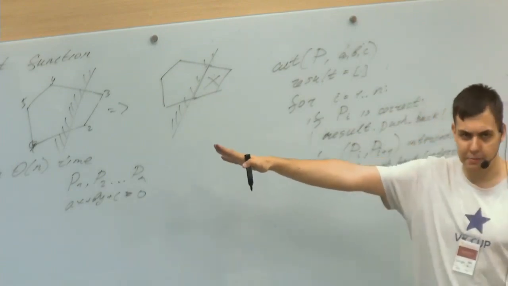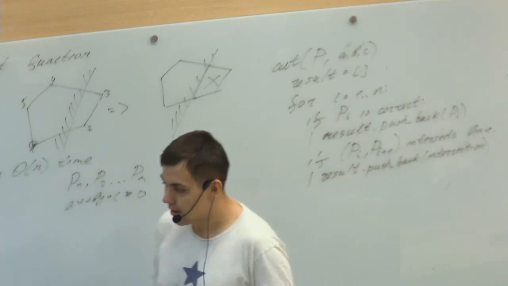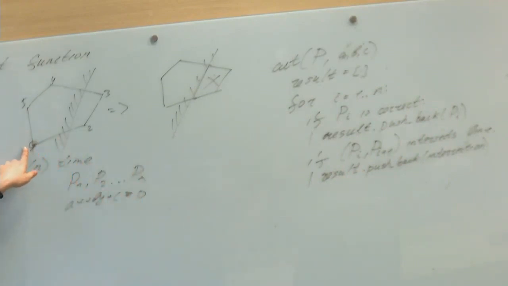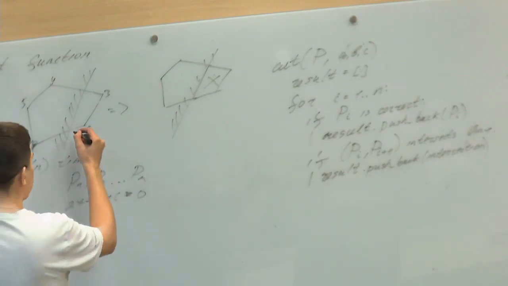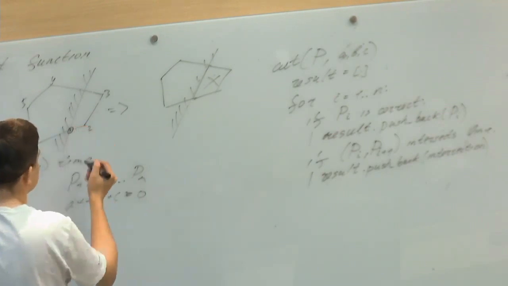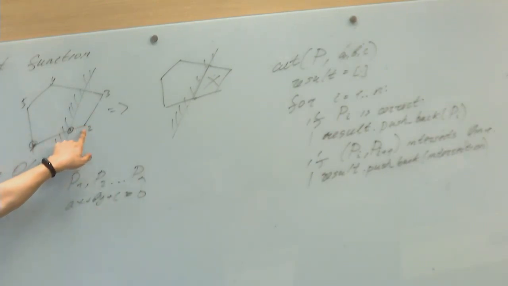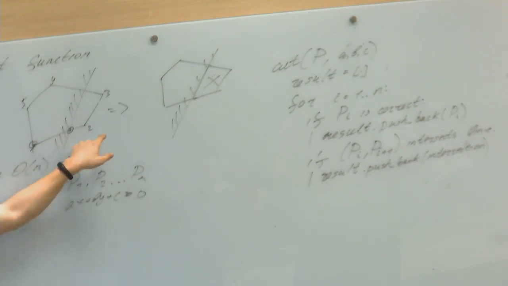So let's look at what happens for this polygon. First of all, we look at point 1. It's a correct one, so it lies on the correct side of this half plane. Then we check, does this segment cross the line? Okay, it does, so we add this point to the result. Point 2 is not on the correct side, so we don't add it.